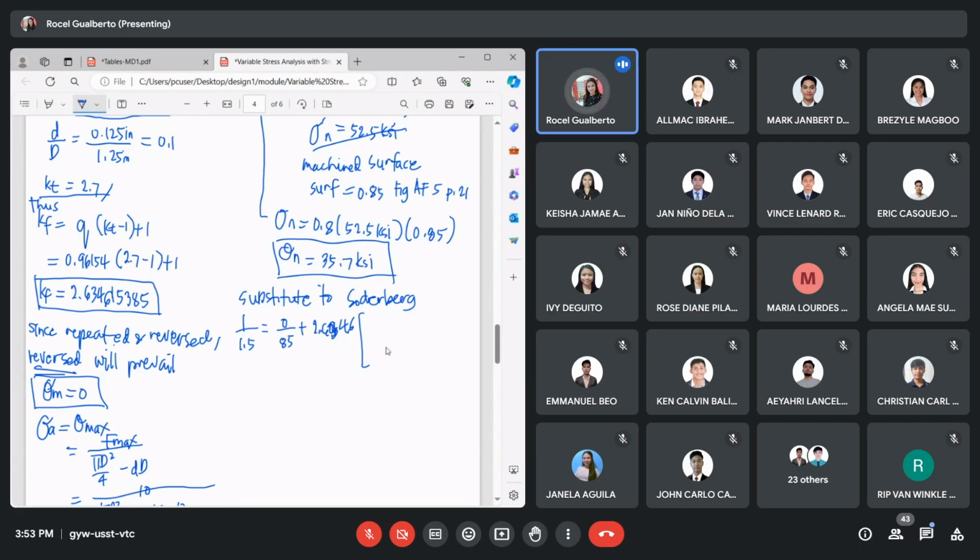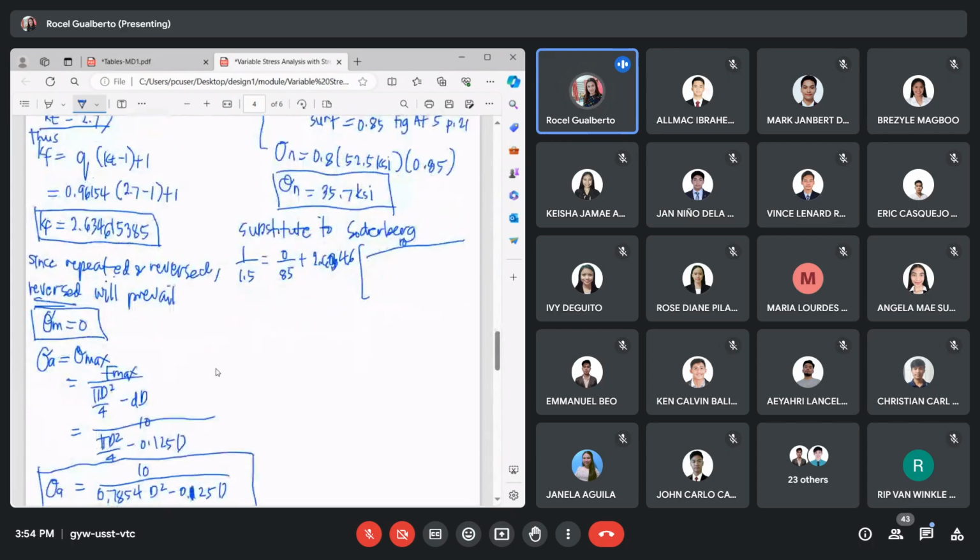Okay, ano po yung sigma a natin? 10 divided by, ano po nasa ilalim? 0.7854 d squared minus 0.125 d divided by your sigma n, 35.7.